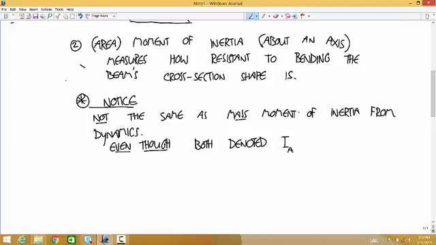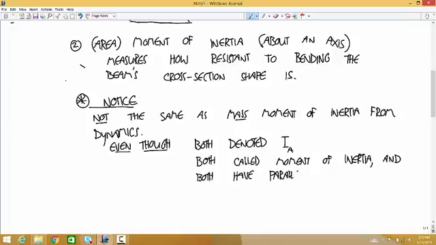They're both called the moment of inertia. And they both have a parallel axis theorem. So it's easy to get confused about those two, but you have to remember those are different things.